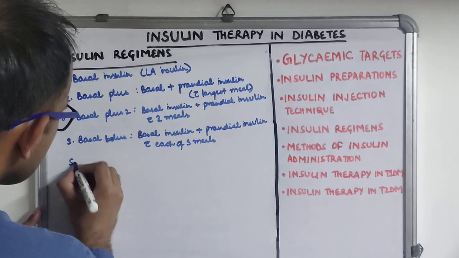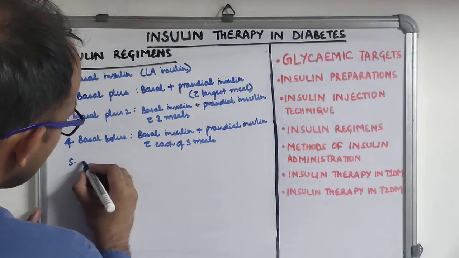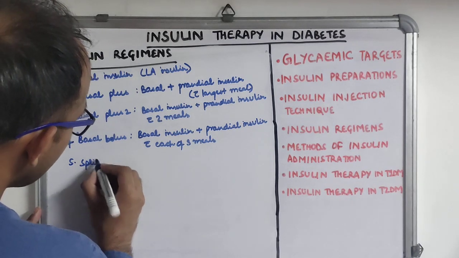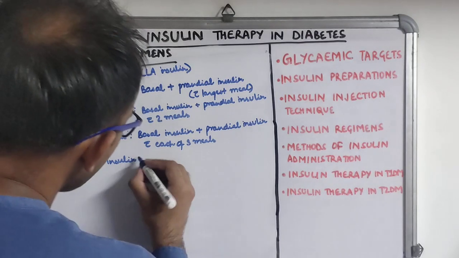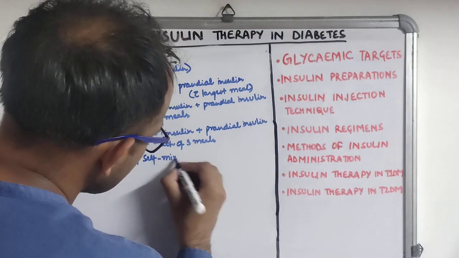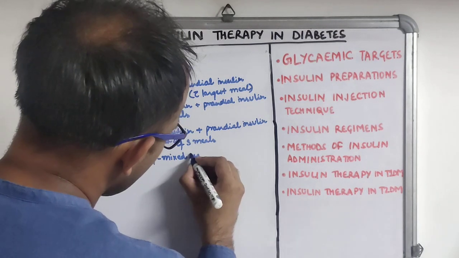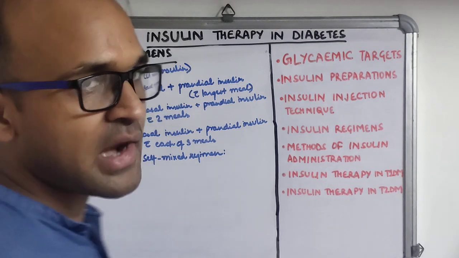Then we have what we call the split insulin regimen, or self-mixed regimen. In this we mix the long acting insulin with rapid acting insulin.